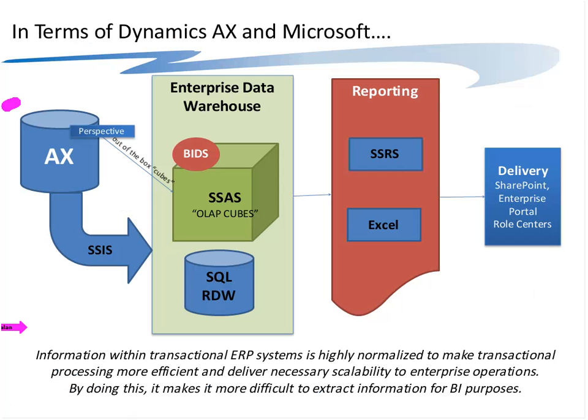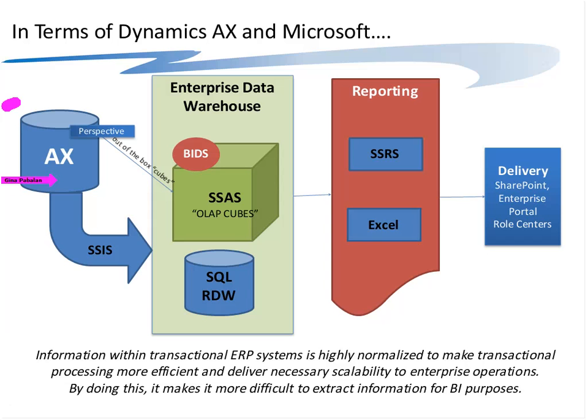So basically what you have here, can you see my pointer right now? It's circling AX? No. Okay, that's all right. On the left side of the screen, we have AX. And what Microsoft has done is give you these 20 predefined OLAP cubes. The cubes are not really running off of SSIS, which is Microsoft's ETL tool.